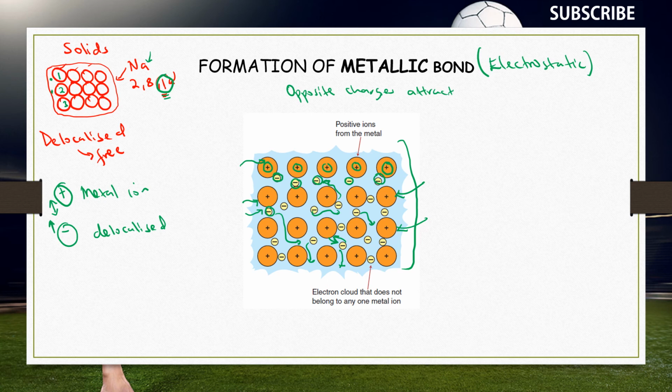So basically that's how a metallic bond is formed, when the metal atoms lose the outermost electrons, and then the electrons will always be attracted by the formed metal ion. If you look at maybe magnesium, if you look at its structure, it will have 2 delocalized electrons moving around. So that's how a metallic bond is formed.